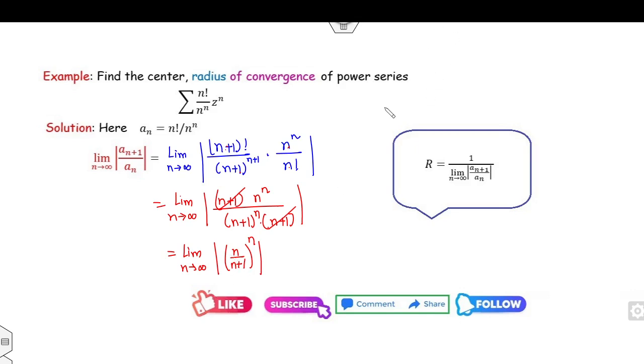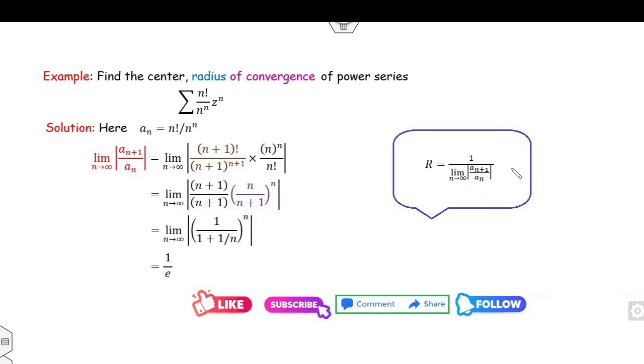I can divide the numerator and denominator by n. It will be 1 over (1 plus 1 over n) raised to power n. Can you find the limit of this? It will be 1 over e. So this r value, if you substitute, is 1 over 1 over e, that is e.